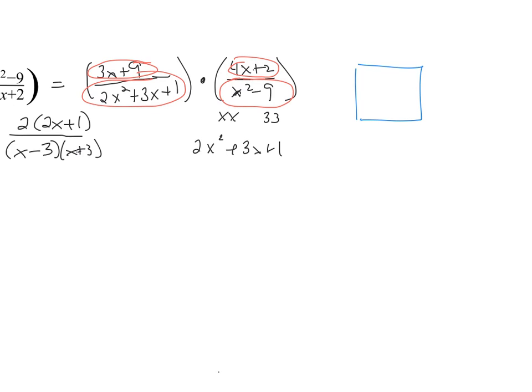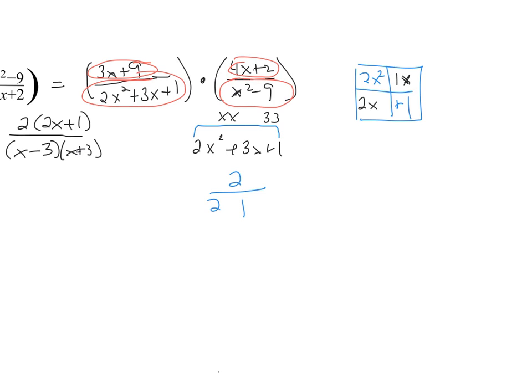We would put the 2x squared here and the 1 here. And then we would multiply the 2 and the 1, which gives us 2, and find two numbers that multiply to 2 but add to 3, which would be 2 and 1. And then I would put 2x here and 1x here.